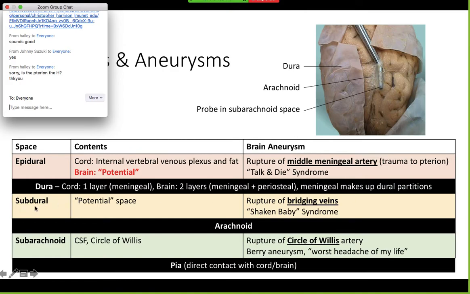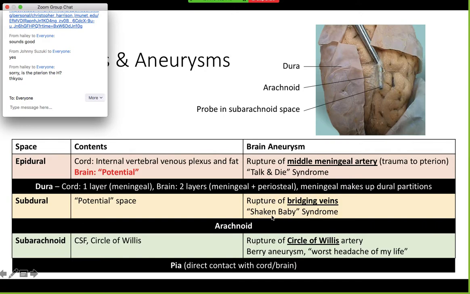So next we have the subdural space, also a potential space. And subdural hematoma is going to occur because of rupture to the bridging veins. So if you have a scenario where an elderly person goes outside to check the mail on a day like today when it's slick and they fall going down the steps and hit their head, then that's going to rupture these bridging veins.